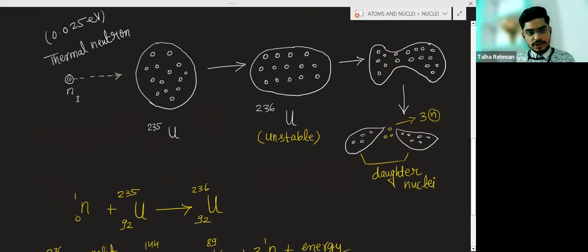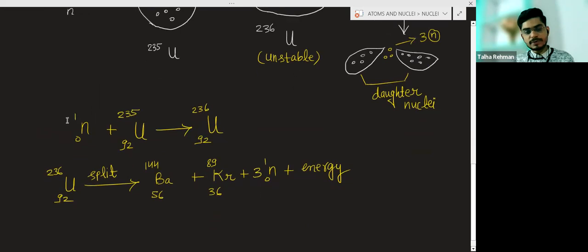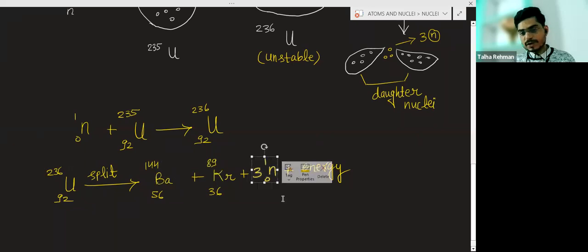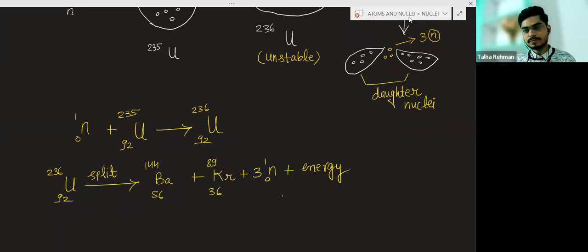You can see here is a neutron, and this neutron is entering into uranium-235. So neutron and uranium-235, after combining, will become uranium-236. This uranium-236 will split into barium and krypton, and 3 neutrons will be released along with energy.